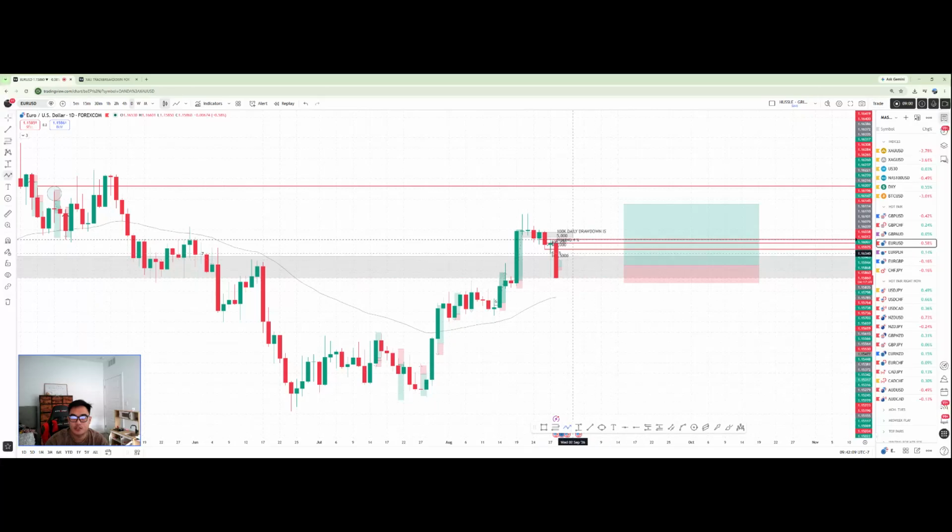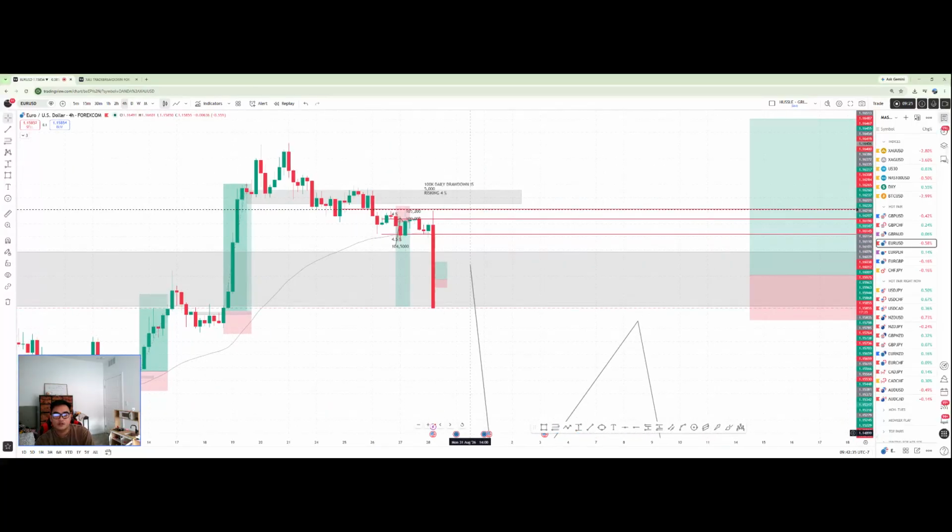For that, we're just gonna wait for a daily shift of structure. So Monday, Tuesday, Wednesday pullback, probably Thursday. Or let's say on the 4 hour, if this gives me a pullback and then a shift, then I'm gonna dive into the trade. So yeah, that will be my trade breakdown for Euro USD.